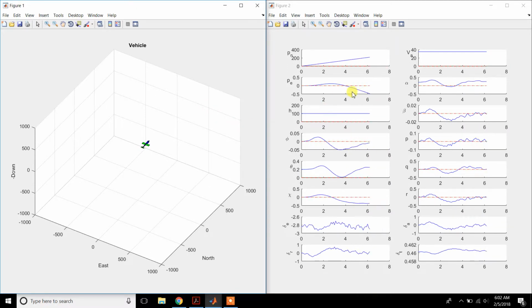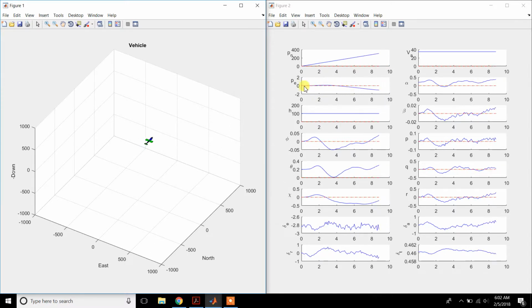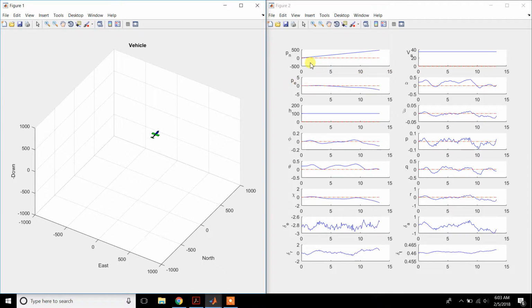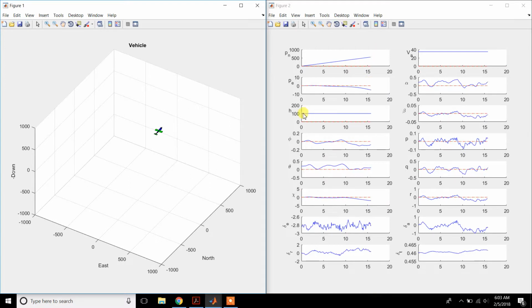There's a slight deviation and a slight drift along the y coordinate, which is very small compared to the movement along the x-axis. We see the altitude and the velocity being maintained.